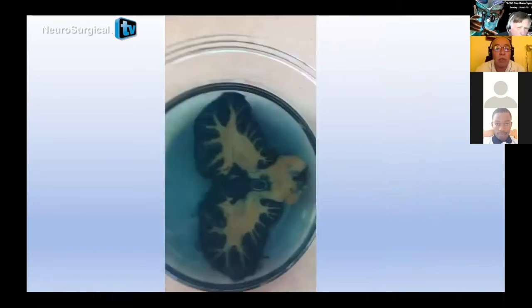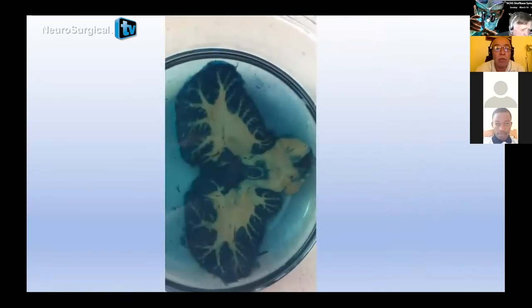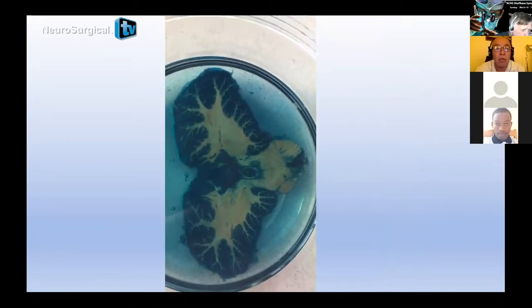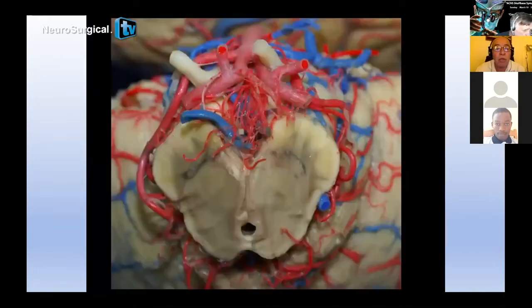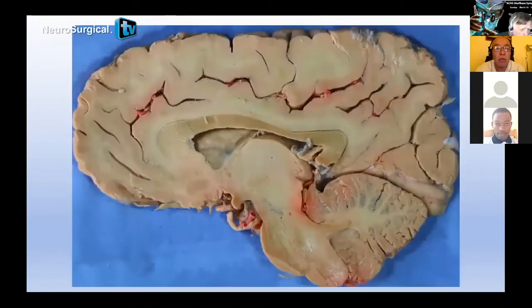This is the staining of some brain cuts, in order to see much better the structures of the brain. For example, in this cut, you cannot differentiate some parts of this cut.